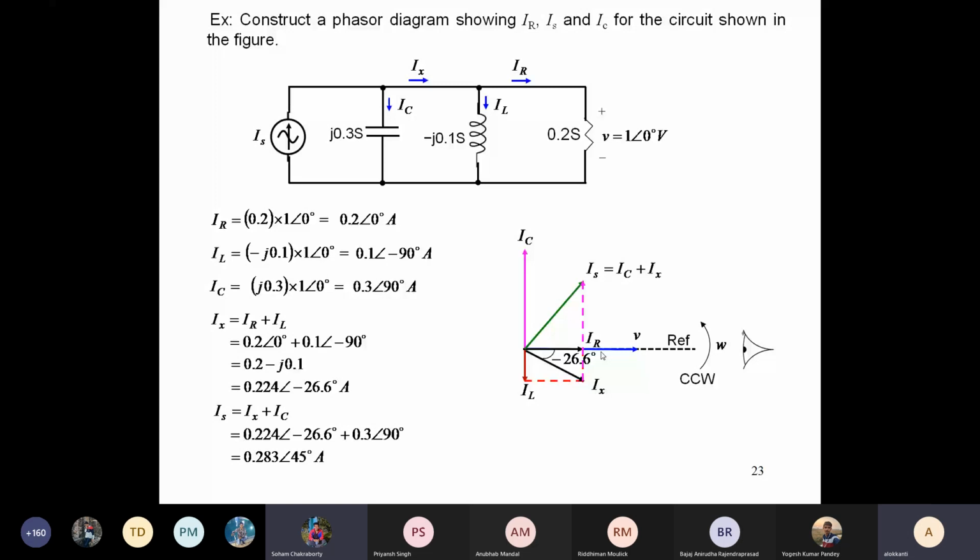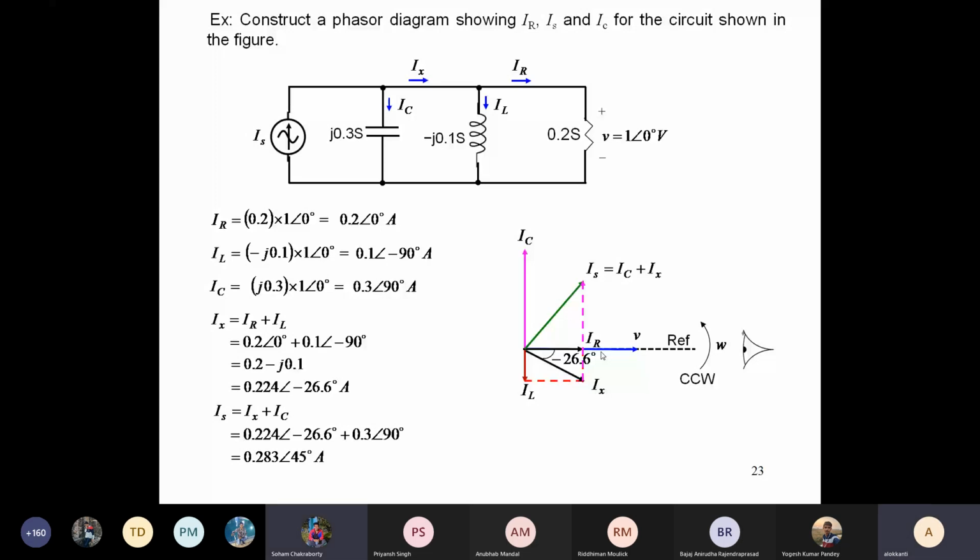Is is nothing but Ic plus Ir plus Il. If somebody did not find out Ix, that is okay. That way, Soham, you can lessen your clutter.